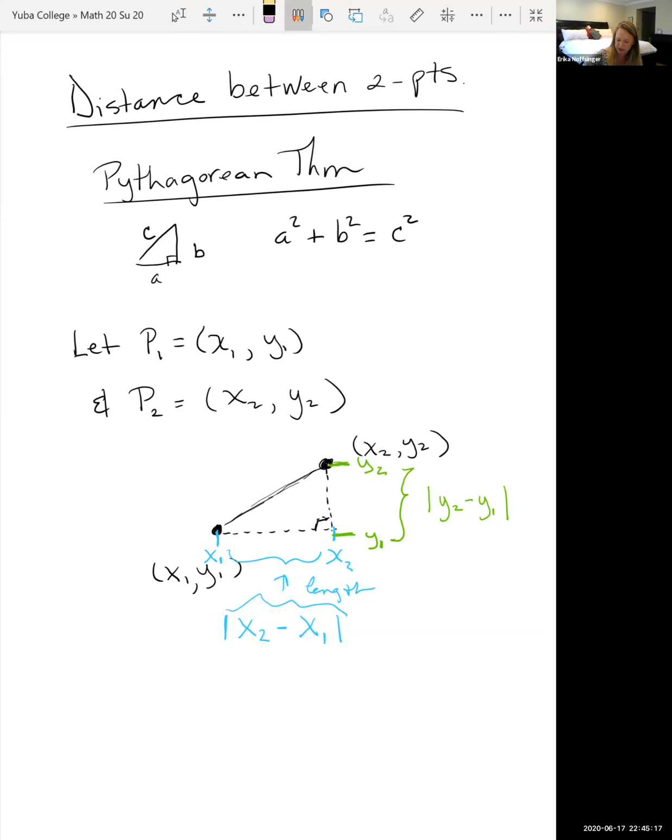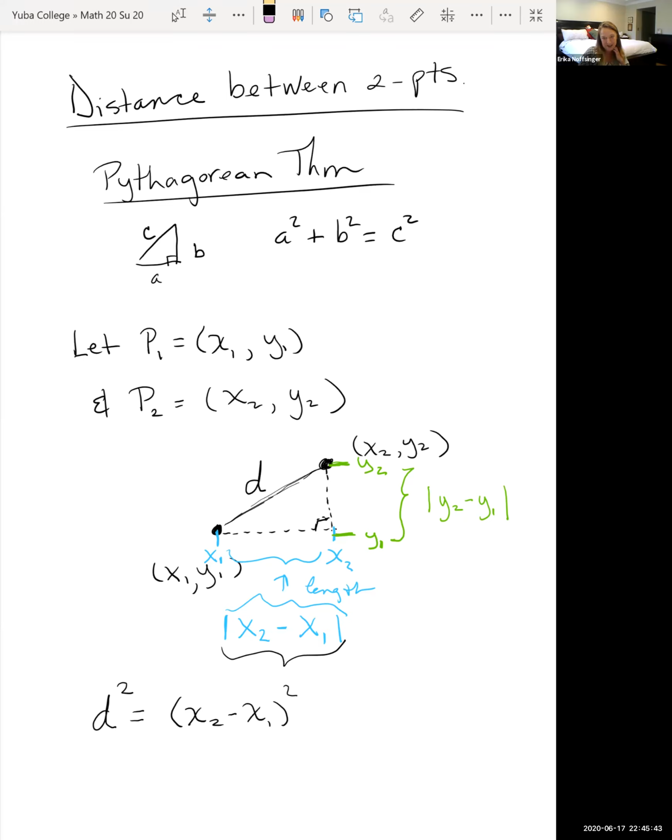So by the Pythagorean theorem, we know that this hypotenuse, let's call it d, this distance squared is equal to this distance, x sub 2 minus x sub 1, quantity squared.